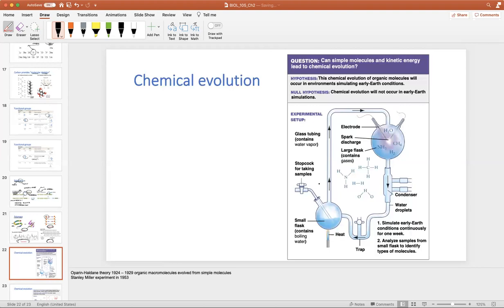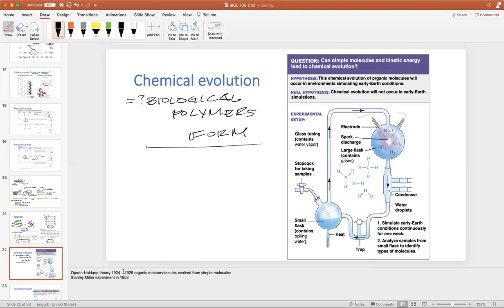We believe that the chemistry of early Earth was some very simple molecules. One of the questions that scientists had for a long time is, how do these biological polymers form?